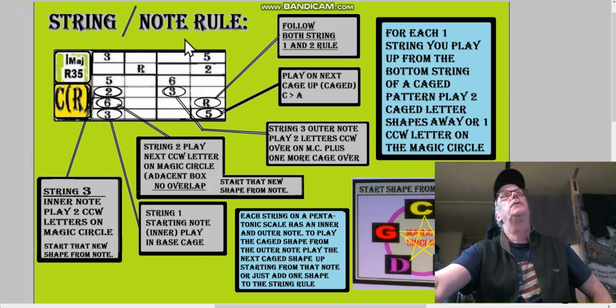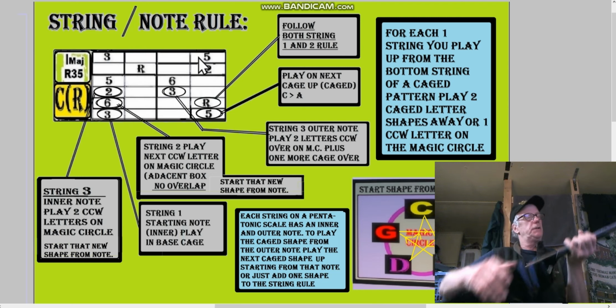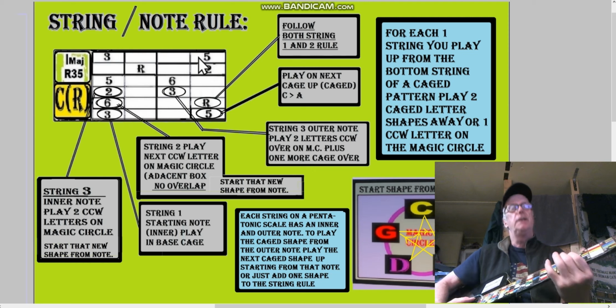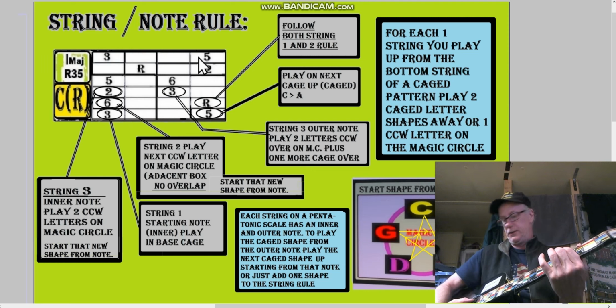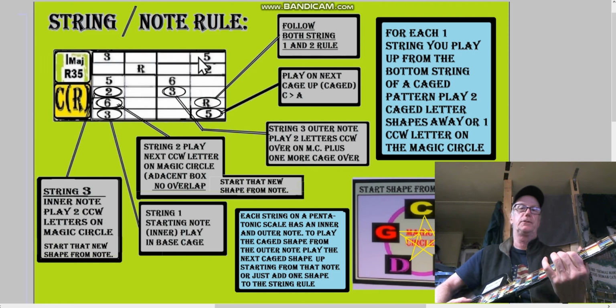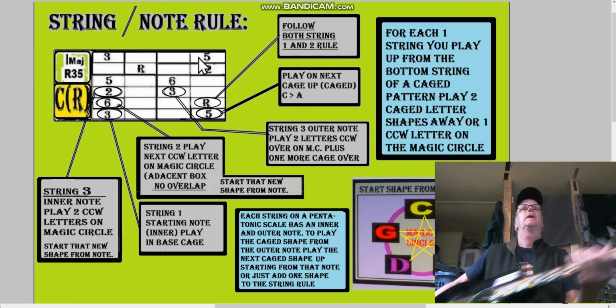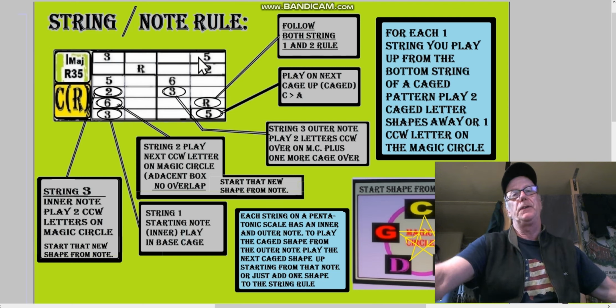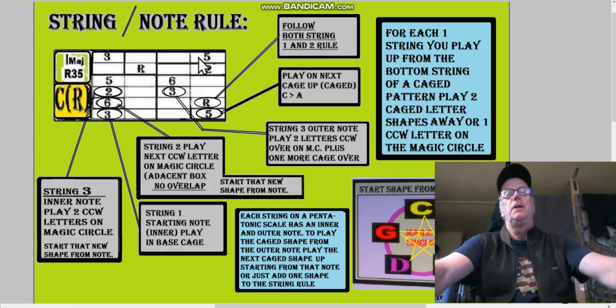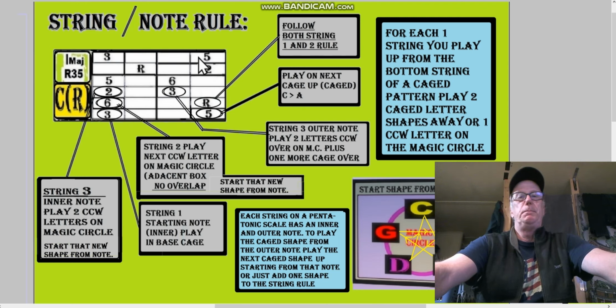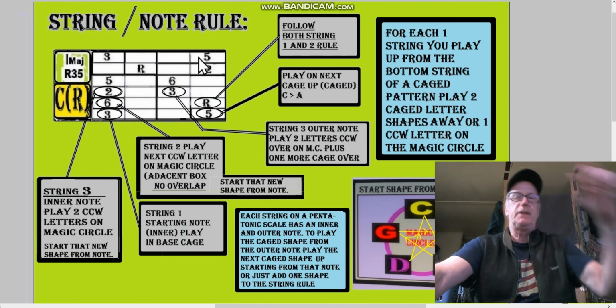It's not like the numbering of the strings from the top, where string 1 would be the high E. Here string 1 is the low string. String 2 would be the A string, and string 3 would be the D string. Sorry about that for people who have the other convention built into their mindset, because I have this built into my mindset. Well, let's move along though.